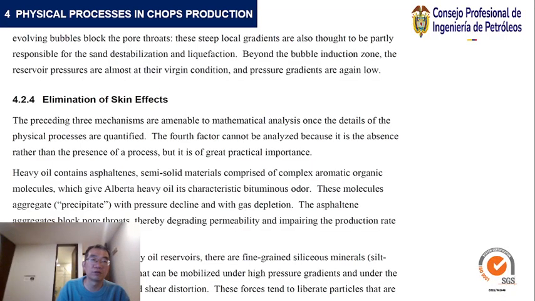Because the evolving bubbles block the pore throats, these steep local gradients are also thought to be partly responsible for the sand destabilization and liquefaction. Beyond the bubble induction zone, the reservoir pressures are almost at their virgin condition, and the pressure gradients are again low.